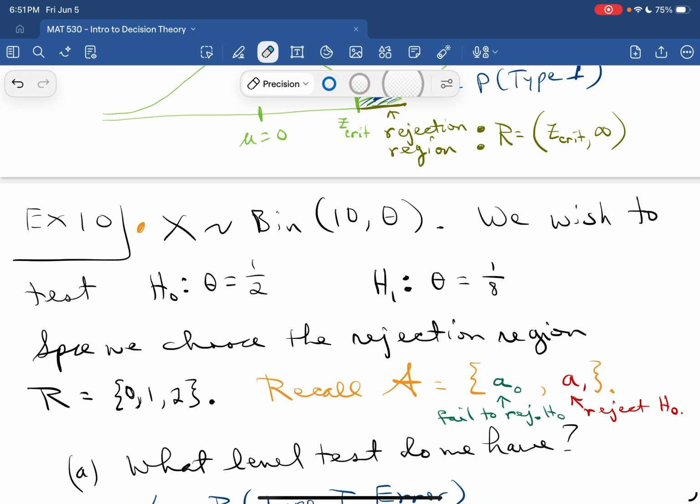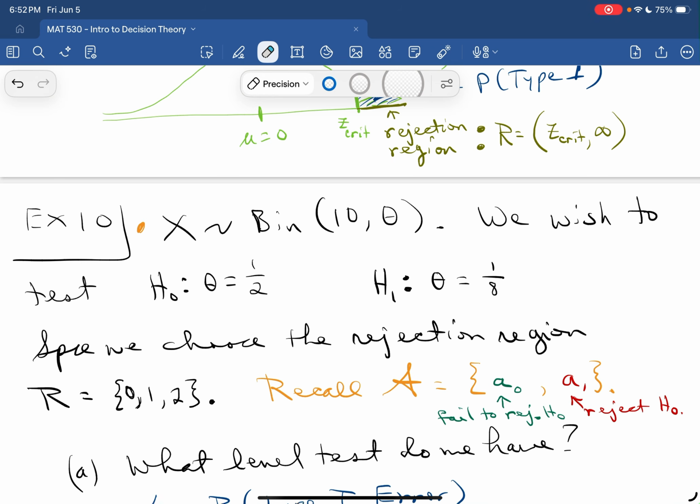support the alternative hypothesis, it would make sense that we would do that when x is on the smaller end of the spectrum, right? Because if we have only a few successes out of the 10 independent trials, then that would support the notion that the probability of success on any one trial is a little smaller.